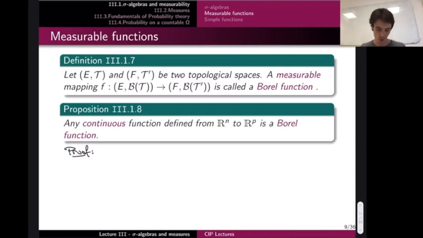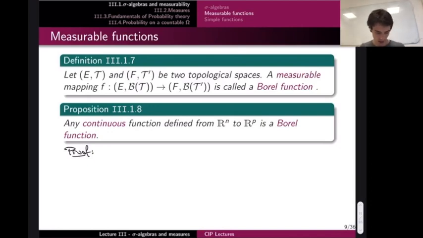So this holds in much greater generality than from Rn to Rp, actually. If you are a Borel function, whatever the space here, then you're measurable. If you're continuous from a topological space, then you're Borel measurable.